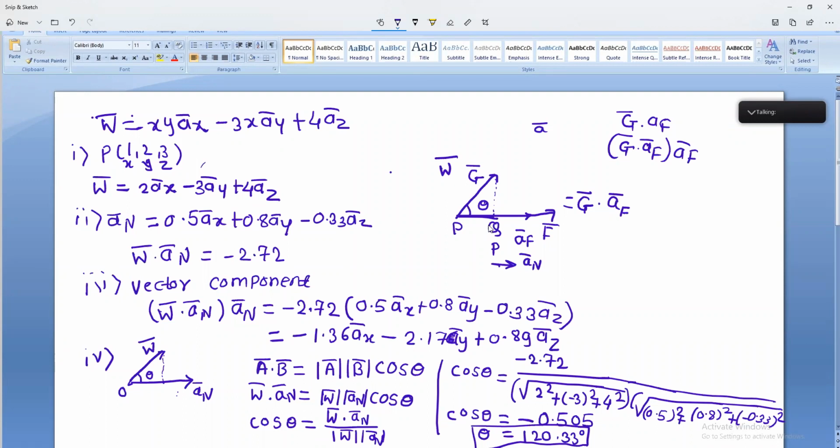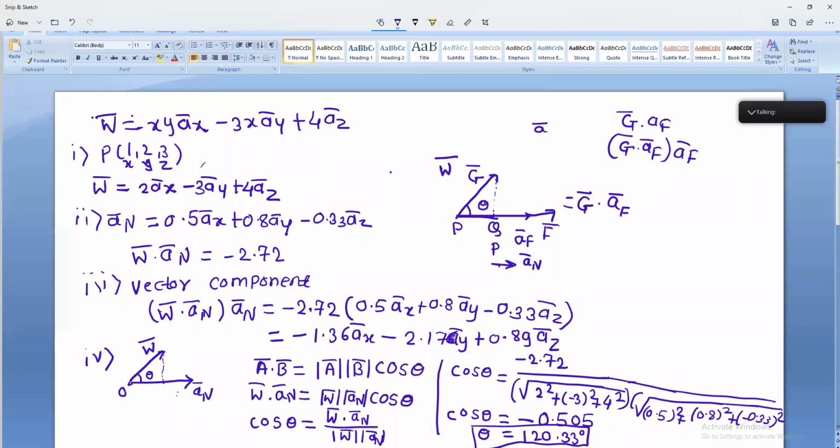Now cos theta is equal to w bar dot a bar n, which is minus 2.72, divided by mod of w bar. While taking mod, we have to take the square root to find the magnitude, that is 2 square plus minus 3 square plus 4 square, this is w bar's magnitude, and then a bar n, the unit vector's magnitude.